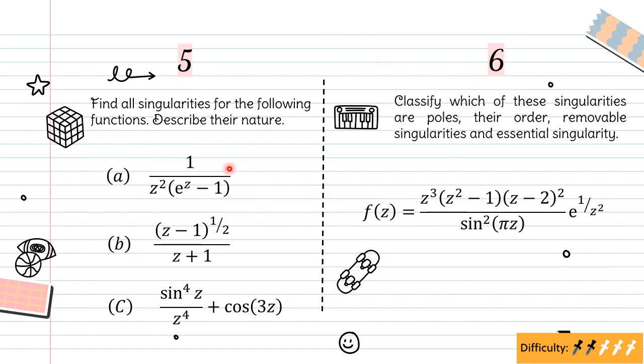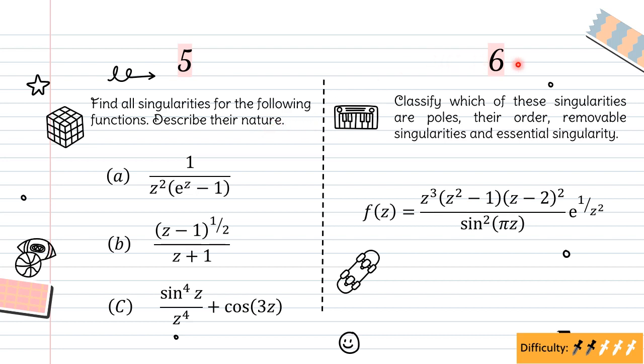And last, we have these two other exercises. Number 5 says, find all singularities for the following functions and describe their nature. So we have these 3 functions for you to analyze, find the singularities, and describe the way they tend to be.